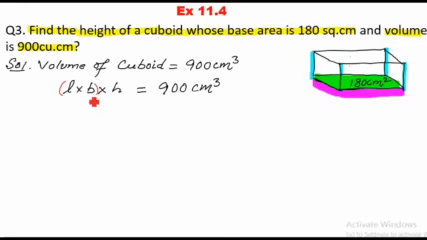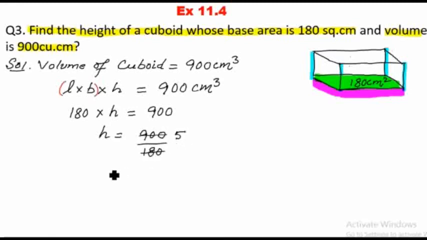So in place of length into breadth we are going to write 180. 180 into height is equal to 900. So h is equal to 900 divided by 180. When we cancel it, we get 5.